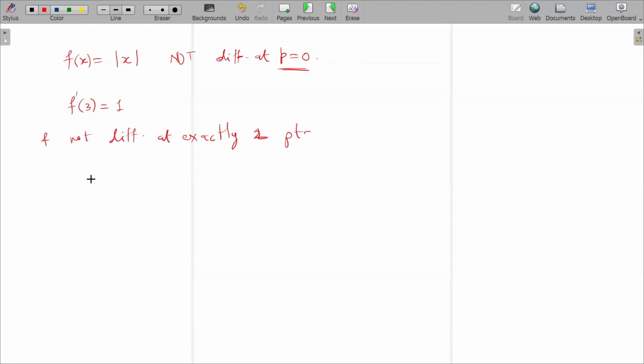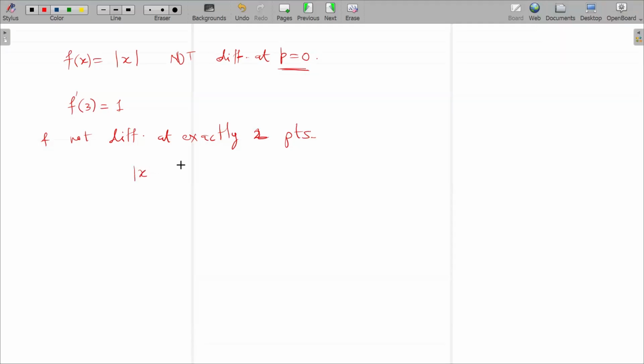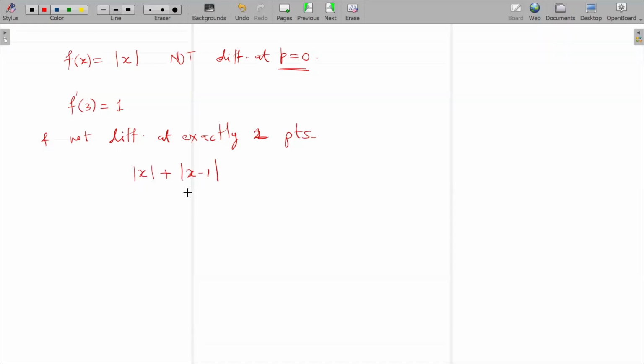Yes, we can add another, say mod of x minus 1. So mod x plus mod x minus 1 will fail to be differentiable at 0 as well as at 1, and it's continuous everywhere.